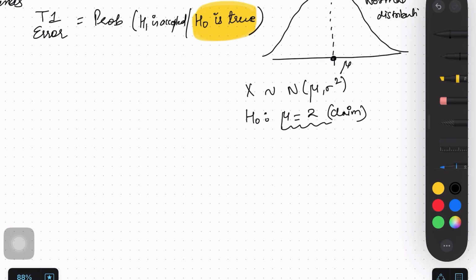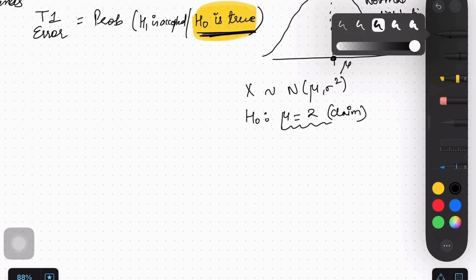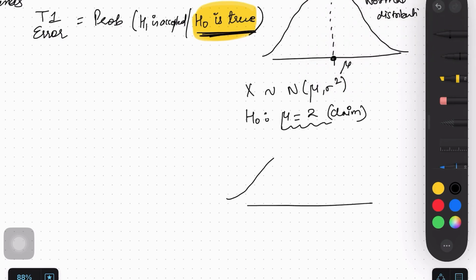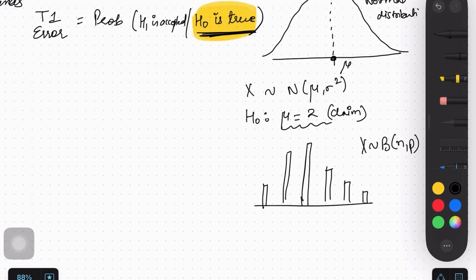Mu is the population mean and sigma is the population standard deviation. Then under the hypothesis, what's the value of mu? If you are claiming that the population mean is 2, for instance, then we will find this probability using this value of the population mean. So this is the meaning of this condition, H0 is true for the normal distribution.